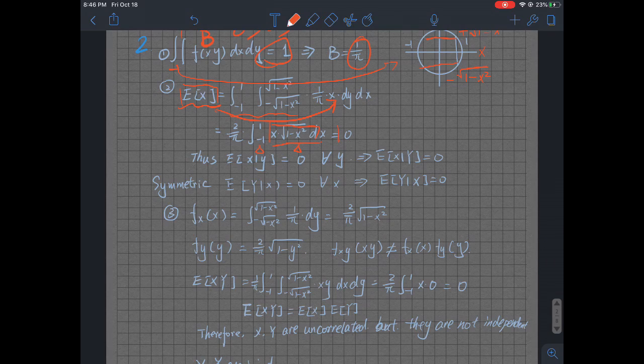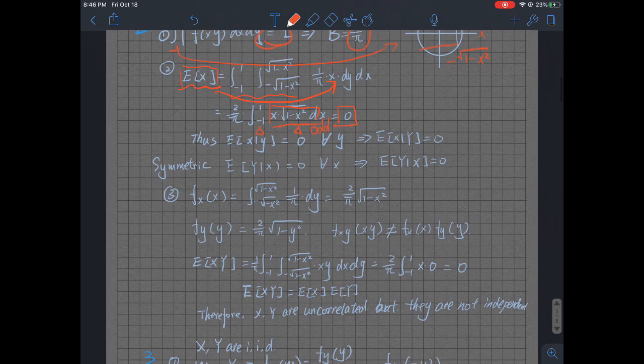We know that the result needs to be 0 in this case, because this is an odd function. And we know that x and y are symmetric. So basically, E[X] and E[Y] both equal 0.